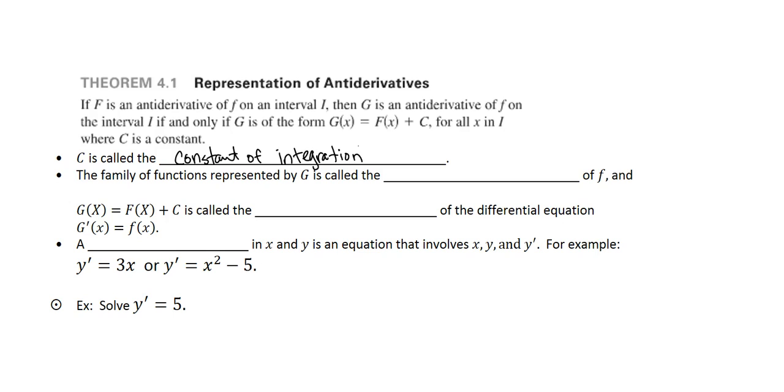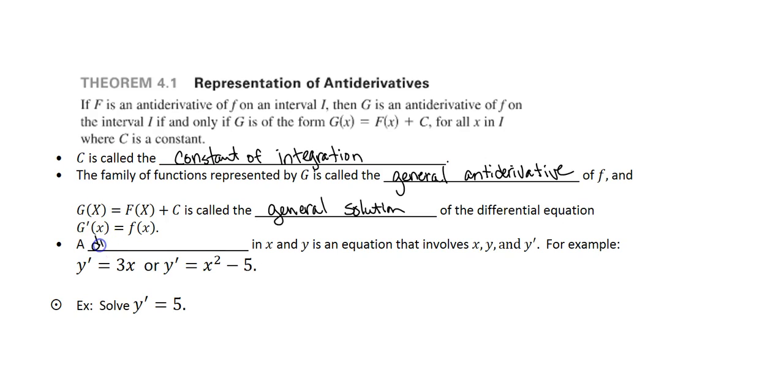Now the family of functions represented by G is called the general antiderivative of lowercase f. And g of x equals capital F of x plus c is called the general solution of the differential equation g prime of x equals little f of x.